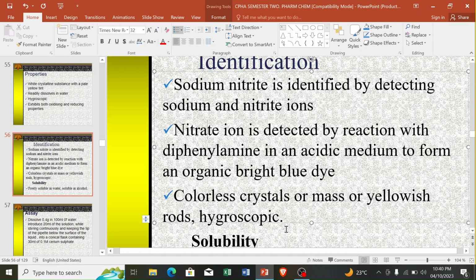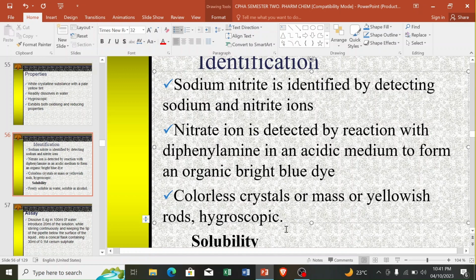Sodium ions, we talked about them when we were looking at group 7 elements of the periodic table. We used a specific reagent for sodium ions. If you don't remember it, what we used was zinc uranyl acetate in the presence of acetic acid.